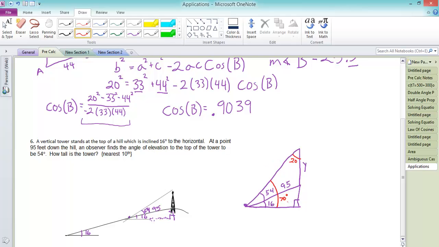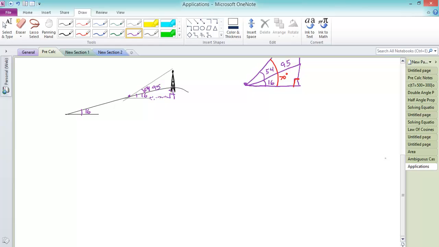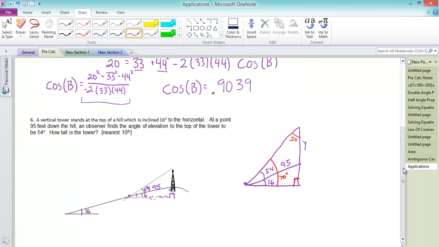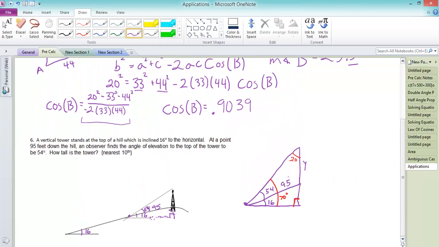That's 20 plus 70 plus the 90. So now I'm going to redraw my picture because I don't need that bottom half of the triangle anymore.